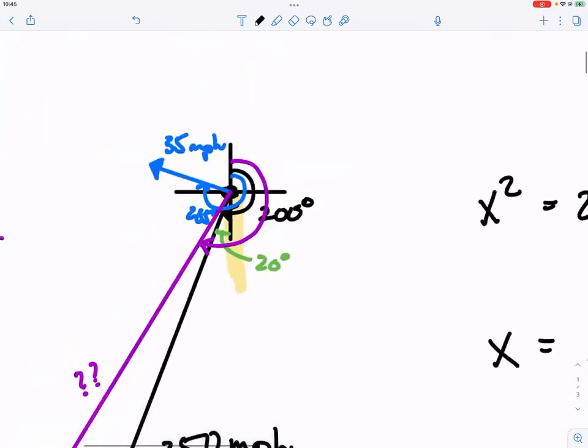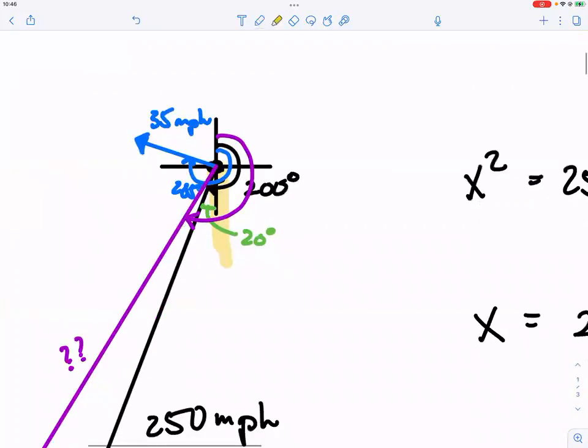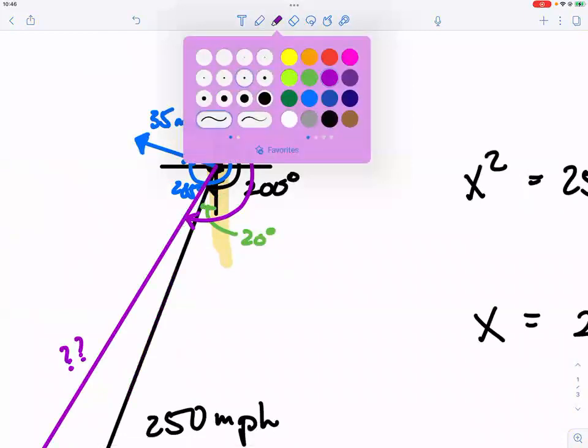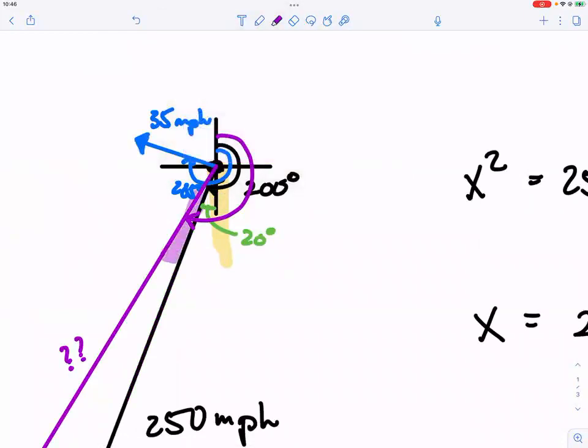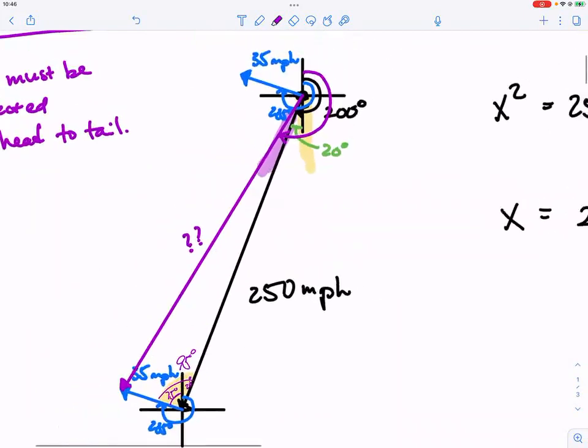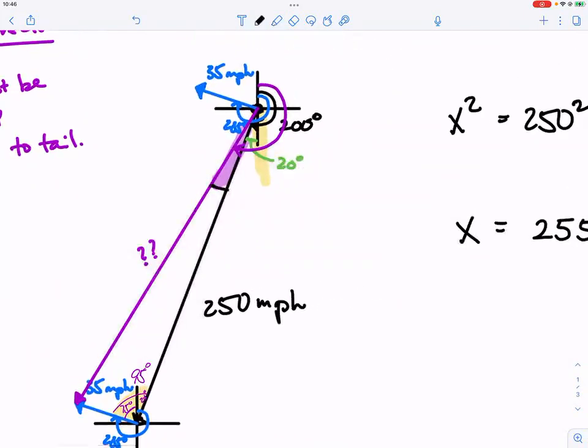If you look at this, we want to find out this purple line's direction. We know the black line is going to be 200 degrees, and we are changing this direction just a little bit here. If that's the case, can we find out this tiny angle right here with the information given?